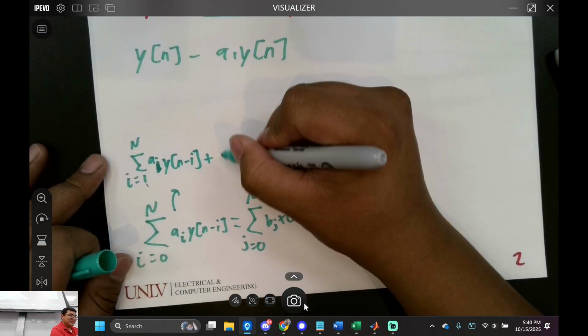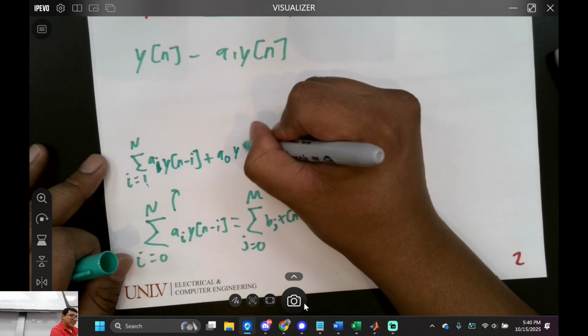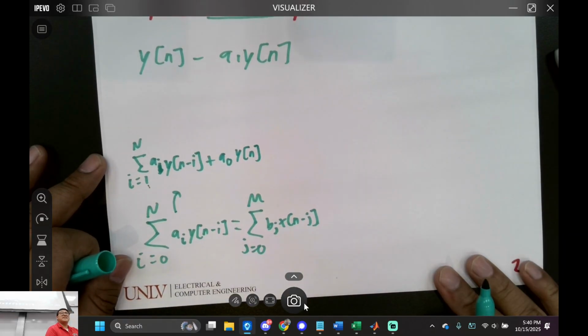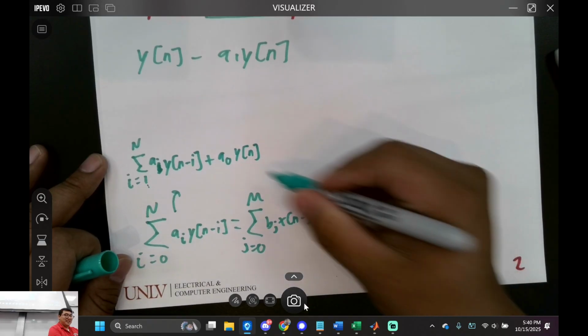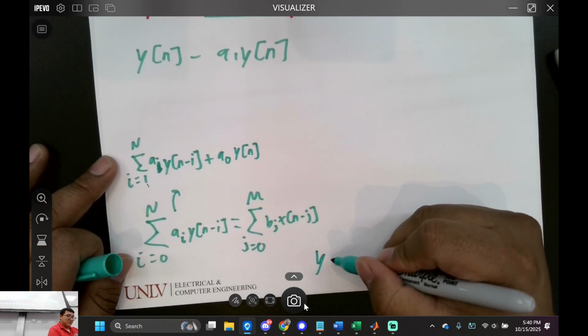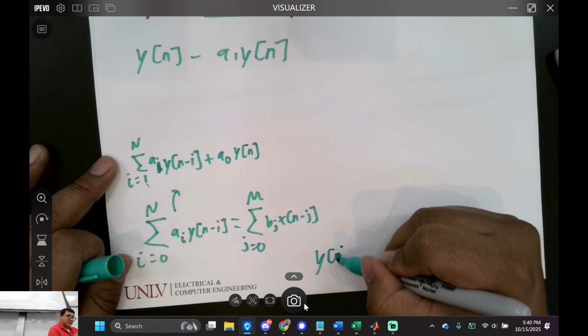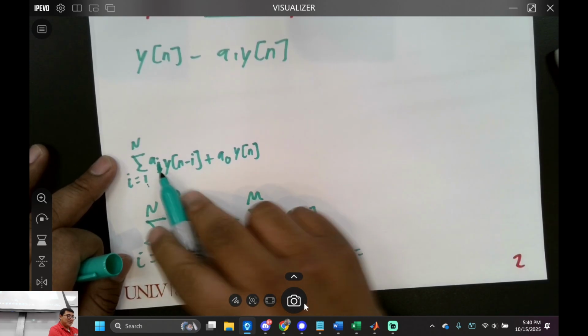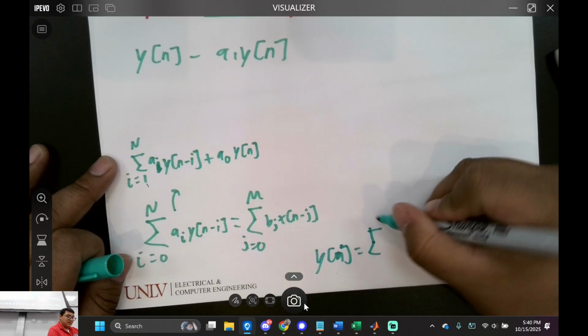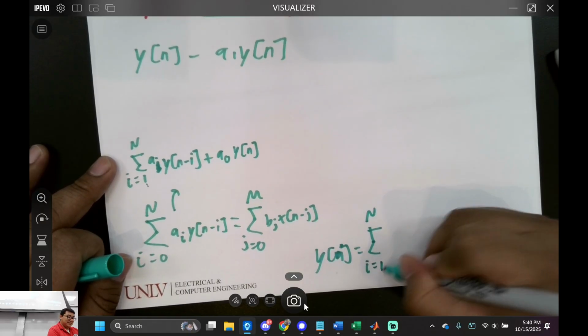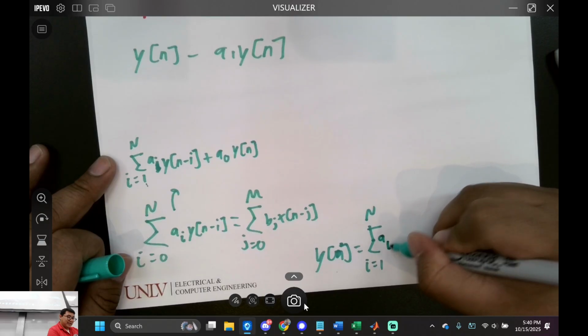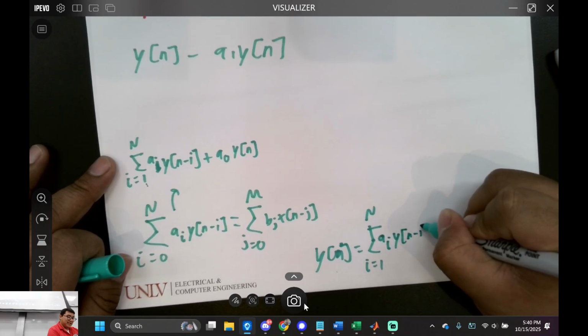I just pulled it out: a0 y of n. And then all I did was make y of n equal to the sum from i equals 1 of a i y of n minus i.